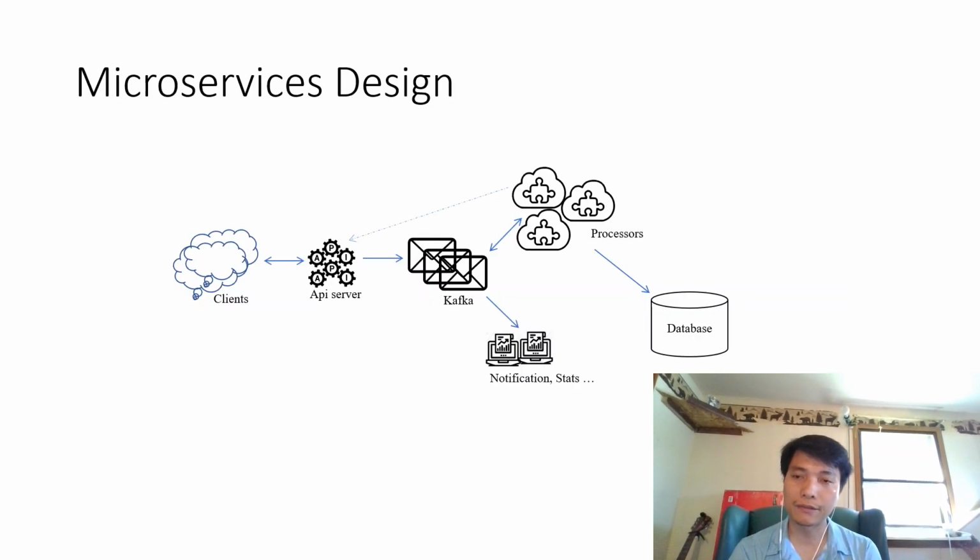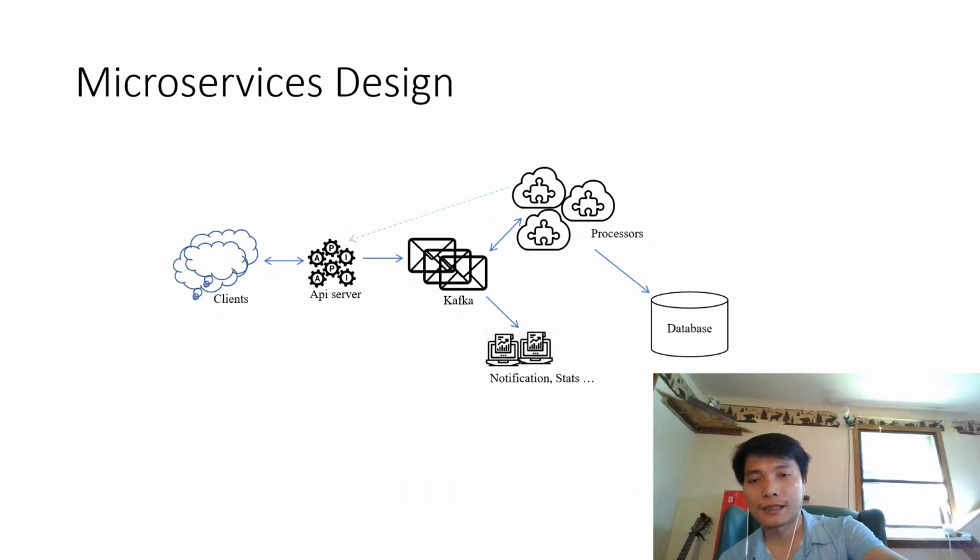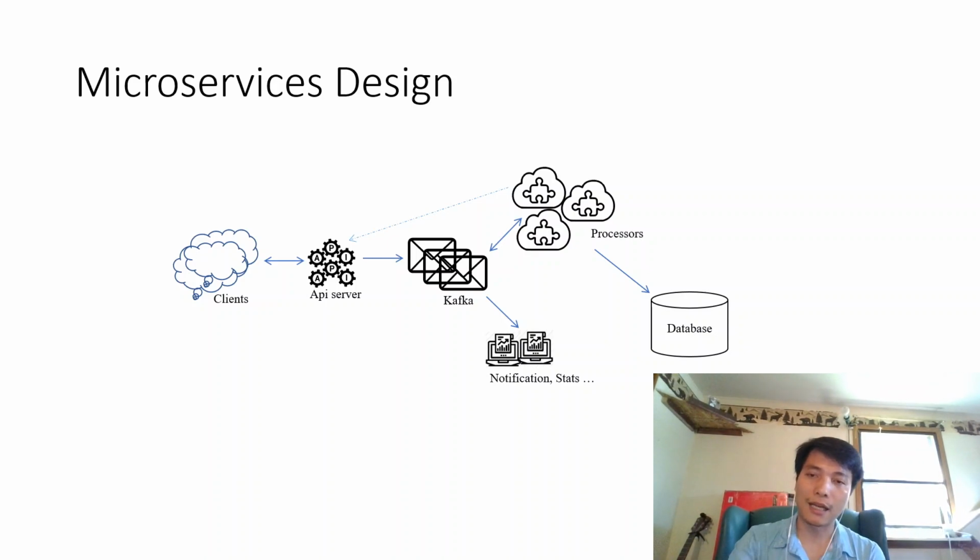So with microservice design, we split the system into multiple smaller parts. The client sends a request to an API server or web server, and the web server just processes the request and publishes a message to a message middleware, something like Kafka or RabbitMQ.